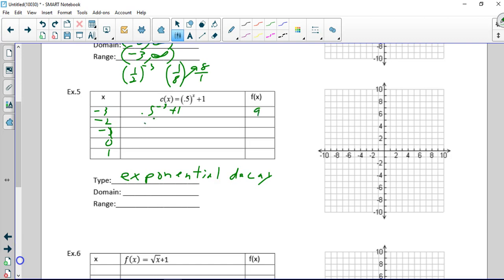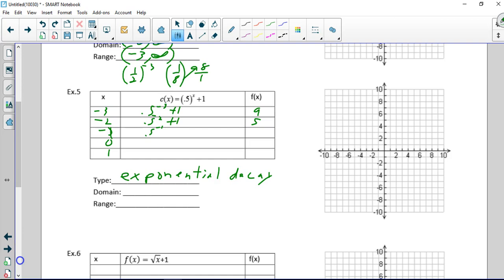And then we have 0.5 to the -2. Once again, remember, we're going to flip it. So instead of being 1/2 times 1/2, that's going to be 2 times 2, which is 4, plus 1 is 5. Then we use -1, 0.5 to the -1.